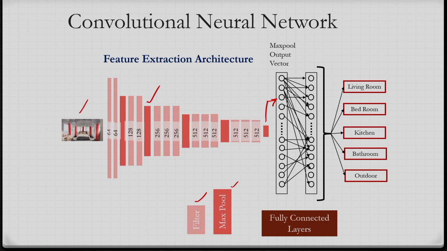What will be the output of the fully connected layers? I will be getting the classes. Different classes: that is the object recognition I am considering, living room, bedroom, kitchen, bathroom, outdoor. That is the image classification I am considering, where the input is the image. This is the concept of the convolution neural network.